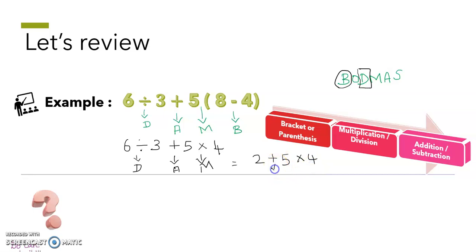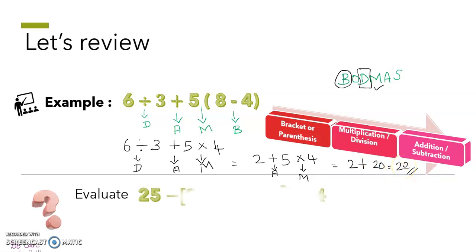So you have here an addition and a multiplication. So what do you have to do first? Multiplication. So equal 2 plus 5 times 4 is 20. So your answer would be 22. I hope this is clear for you now.